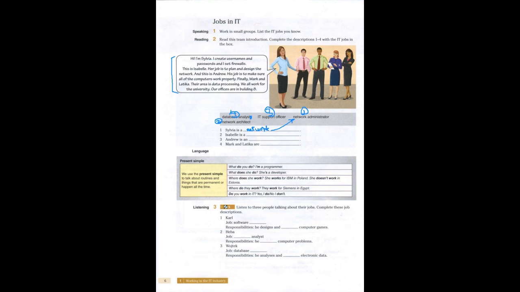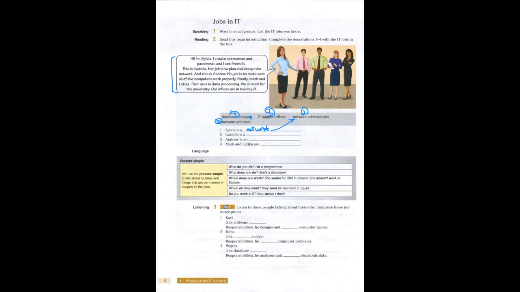So we use the present simple to talk about routines and things that are permanent or happen all the time. So when you want to talk about routine, something routine يعني عمل روتيني or something regular that occurs, for instance, on a regular basis, every day, all the time. Let's take examples.